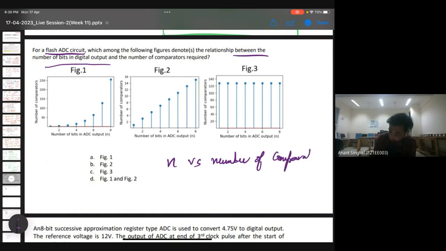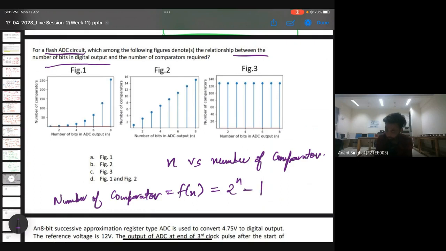So we know a general relation: the number of comparators is a function of the number of bits of a flash type ADC, and it is given by 2 to the power n minus 1.